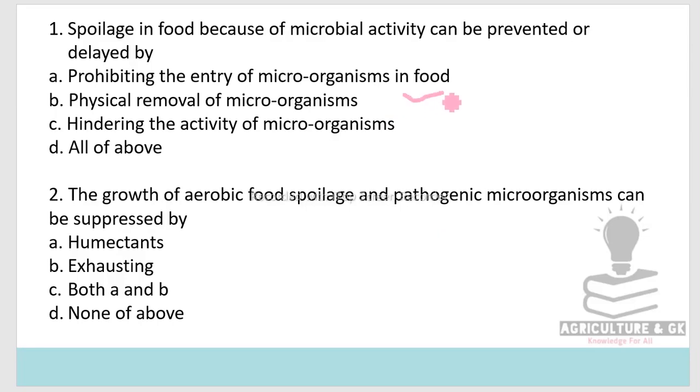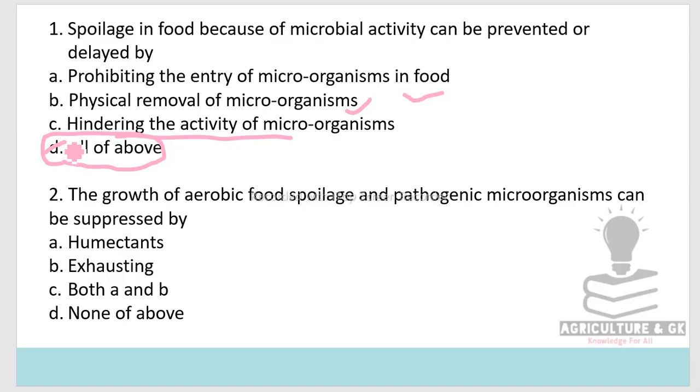If we physically remove the microorganisms, then also, and so can be done by hindering the activity of microorganisms. So our answer will be all of the above. Option D is the right answer.